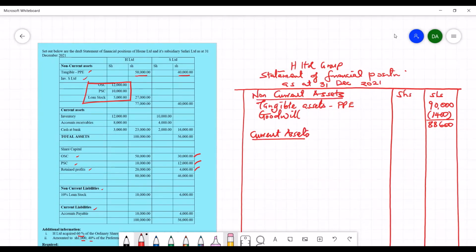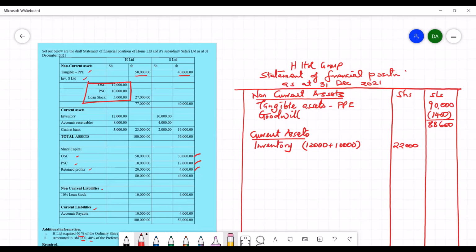Now, for the current assets, we also add the current assets of the subsidiary plus the current assets of the parent company, so that for inventory, for example, we are going to have 12,000, which is for Home Limited, plus 10,000, which is for Safari Limited, so that we're going to have a total of 22,000. So we have 22,000 here. That is the sum of the two figures for Home Limited and Safari Limited.